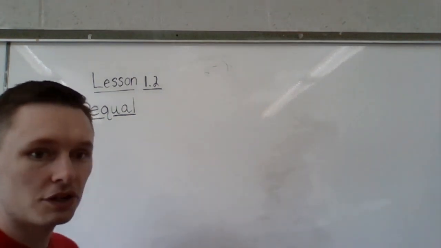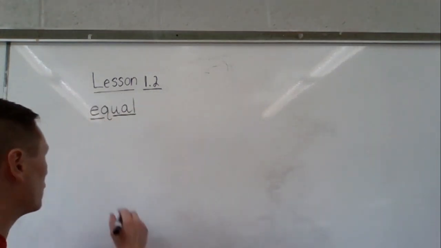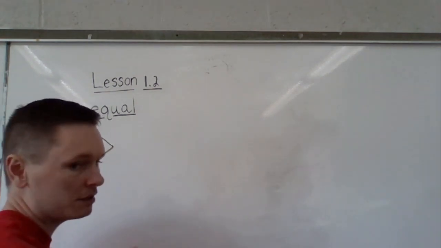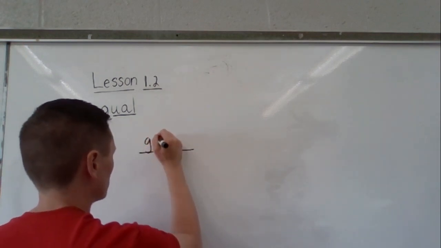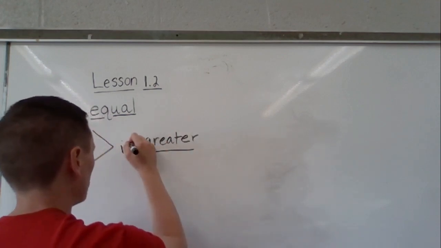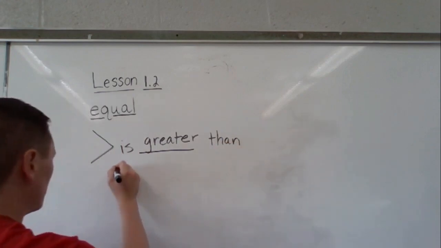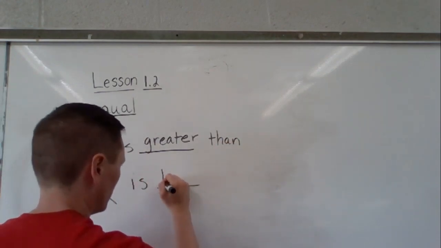So we will not use an equal sign because they're not equal. All right, so then we have this symbol, and that means is greater than. And then on this symbol, it's is less than.